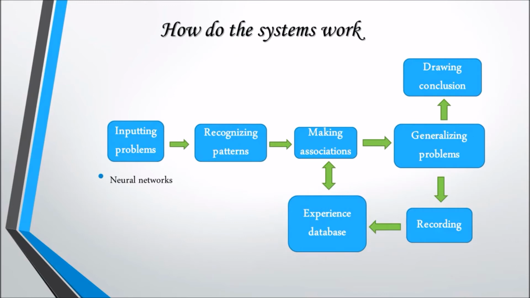As for the neural network system, the basic process is similar, except that instead of only searching for information and solutions, it also makes associations and connections, which means the problem is addressed more precisely. And after making the recommendation, the result goes to the database, which would provide possible associations for other problems.